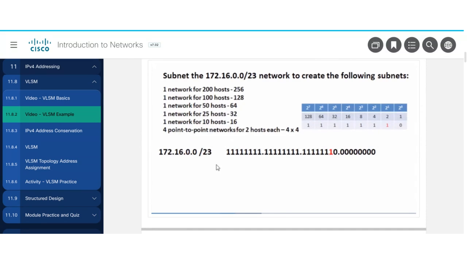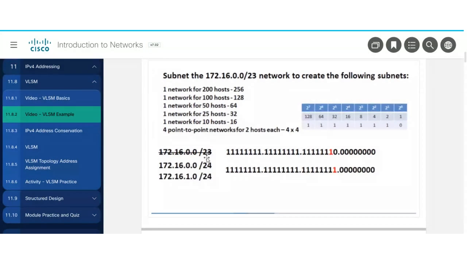So working from largest to smallest, the first thing I need to do is to create a network for 256 hosts to satisfy the 200 host requirement. What I can do is I can subdivide this single network of 512 hosts into 2 smaller subnets of 256 hosts each. So instead of having a 172.16.0.0 network /23, change the subnet mask to /24.